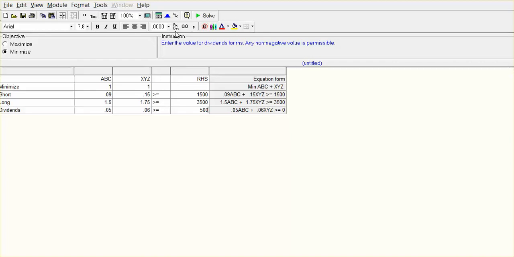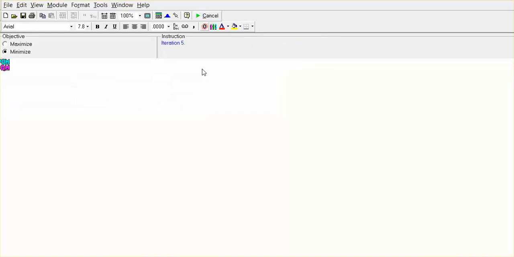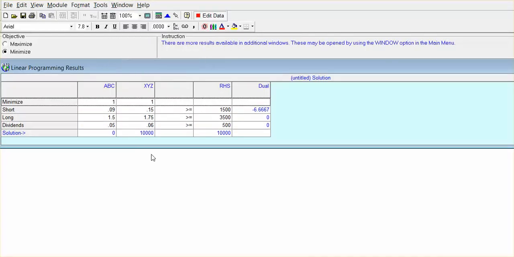Okay, and to solve it, this is what we come up with. The optimal output solution is $0 in ABC, and I'm going to put $10,000 in XYZ.